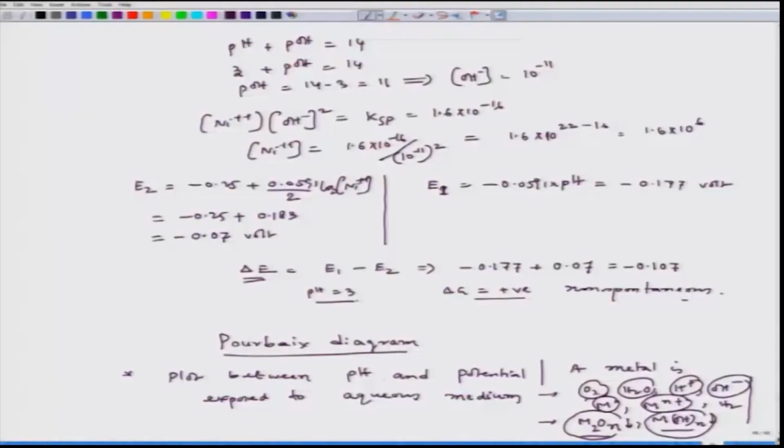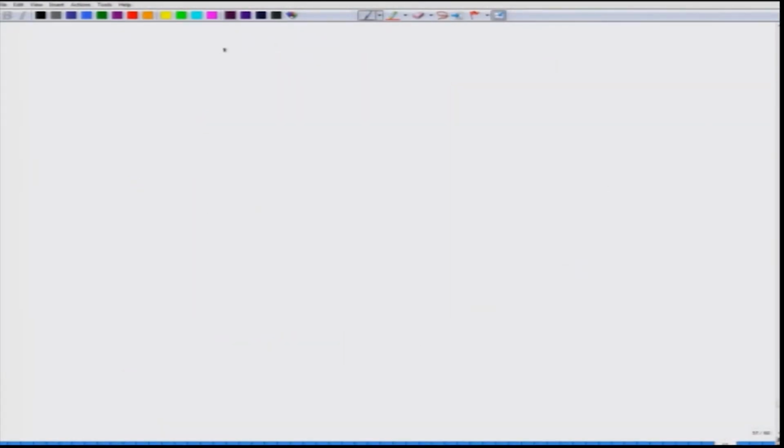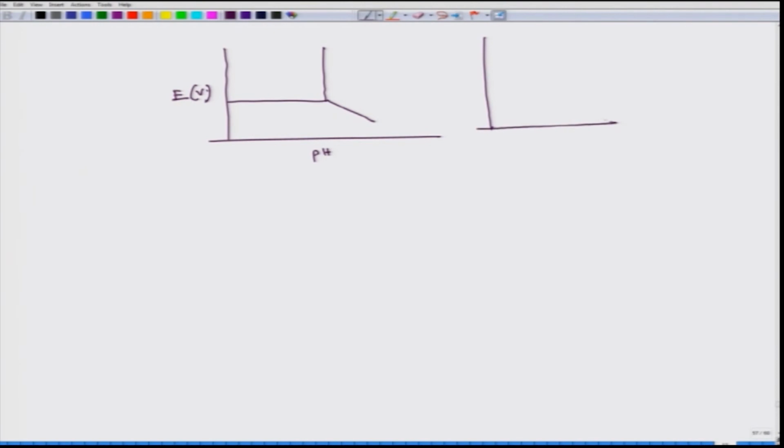So, this is a stability diagram between pH and potential. This diagram has two axes, one axis is pH, which is a number, and another axis is potential, which is in volt. If you see a pourbaix diagram of a certain metal, we can see this kind of diagram, or we can have a diagram like this.